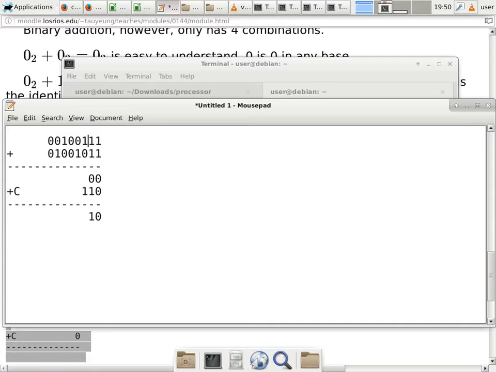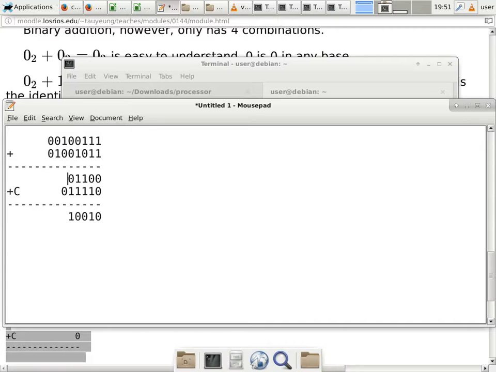Okay, very good. 1 plus 0 is a 1. 1 plus 1 is a 0 with a carry. 0 plus 1 is a 1. 1 plus 1 is a 0 with a carry. 0 plus 0 is a 0. 0 plus 1 is a 1. And neither addition ends up with a carry. So the carry over here is going to be a 0.